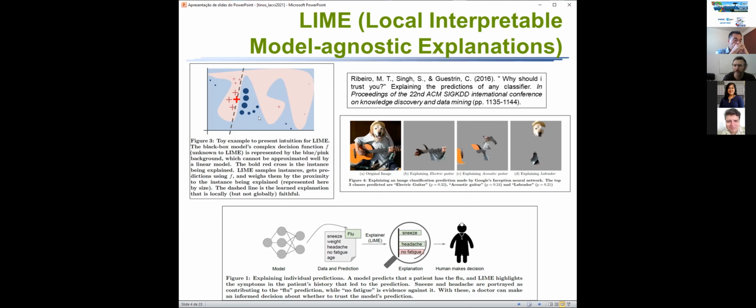So the basic idea is to generate an artificial data set close to the instance to be explained, and then use this artificial data set to train a surrogate model, in order to reproduce the decision boundaries close to the instance to be explained. Then we can use this surrogate model to explain the decision taken by the black box model.